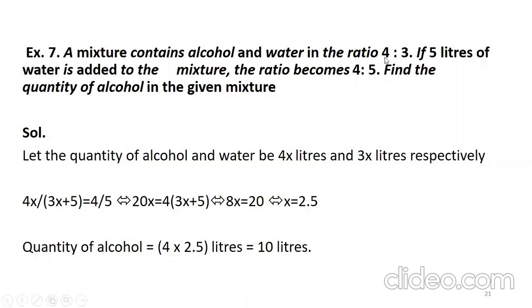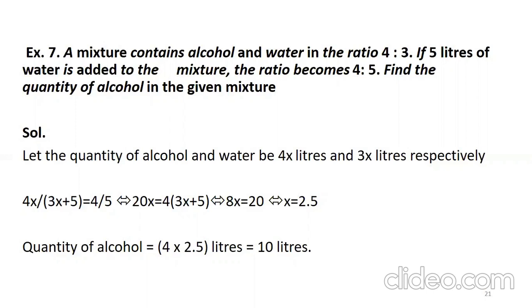Now let this ratio 4:3 be 4x and 3x, because the actual liters may vary. It may be 40 liters and 30 liters also. It may be 12 liters and 9 liters also, and it has been reduced and we have written the ratio as 4:3. So let the original quantity be 4x liters and 3x liters.